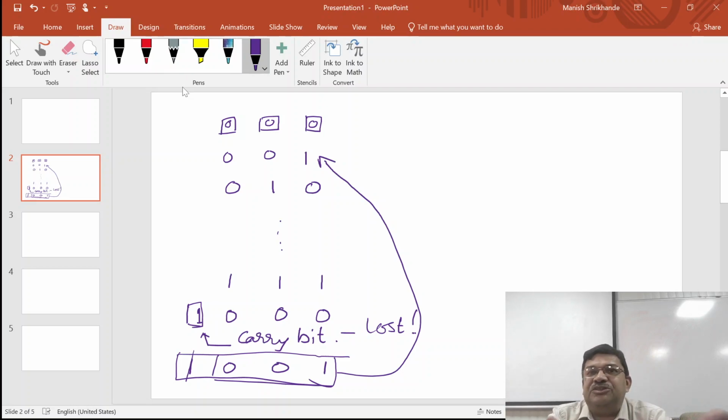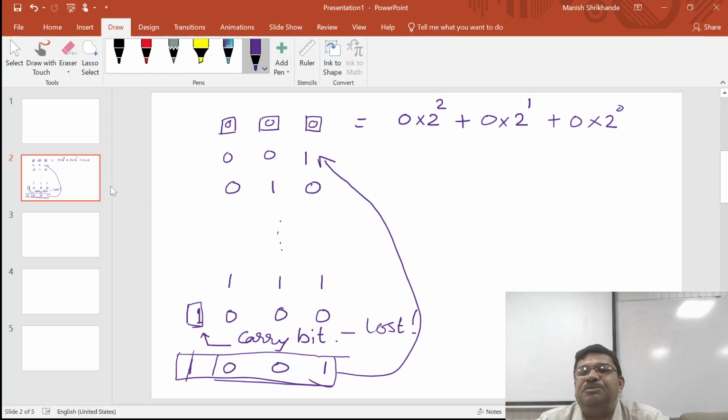So in this case, we are looking at non-negative integers. So this is essentially by using positional notation. This refers to 1 multiplied by 2 raised to the power 2 plus 0 multiplied by 2 raised to the power 1 plus 0 multiplied by 2 raised to the power 0, and so on.